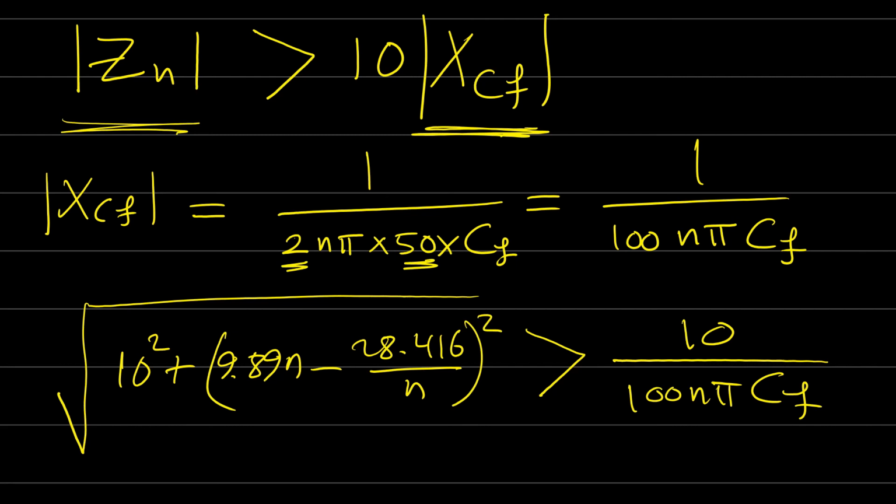Once we design this filter to eliminate the 7th harmonic, the 7th and the higher order harmonics will be eliminated, because this is a low pass filter, right? The capacitor is a low pass filter. So once you reduce the 7th harmonic, all the 7th, 9th, 11th, all the harmonics will be eliminated as well.